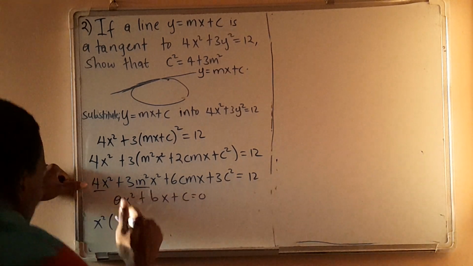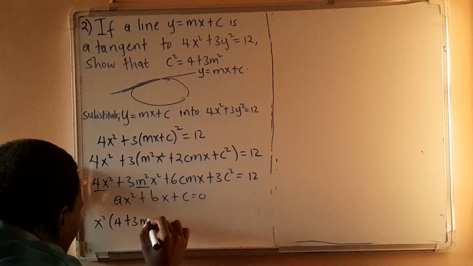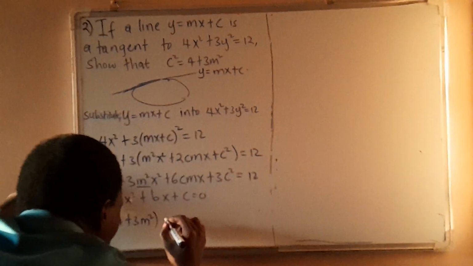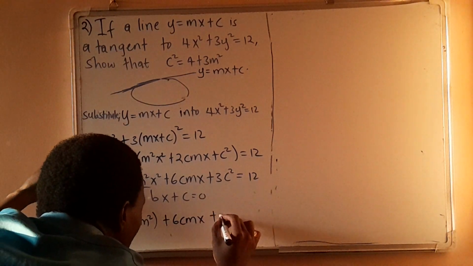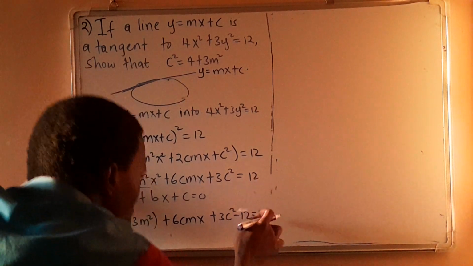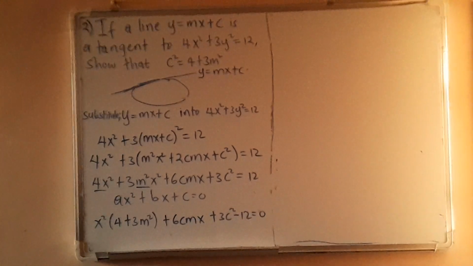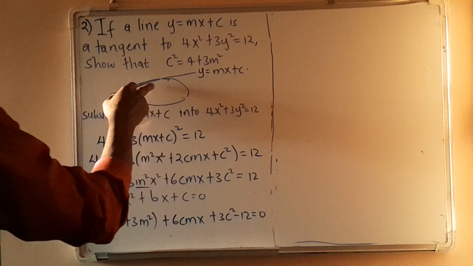So if we put x squared outside, we shall have 4 plus 3m squared, then plus 6cmx, then plus 3c squared minus 12 equals 0. I've brought this 12, so at the right hand side I'll have a 0. So for tangents, observe this picture here.